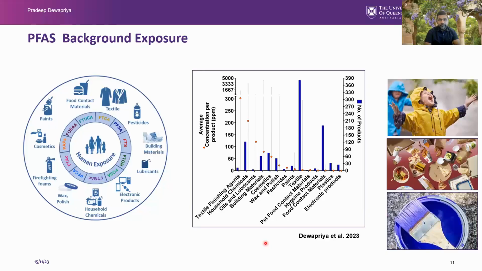Some studies have reported extremely high levels of PFAS in household consumer items such as household chemicals, textiles, and food contact material. All these sources can contribute to human exposure.